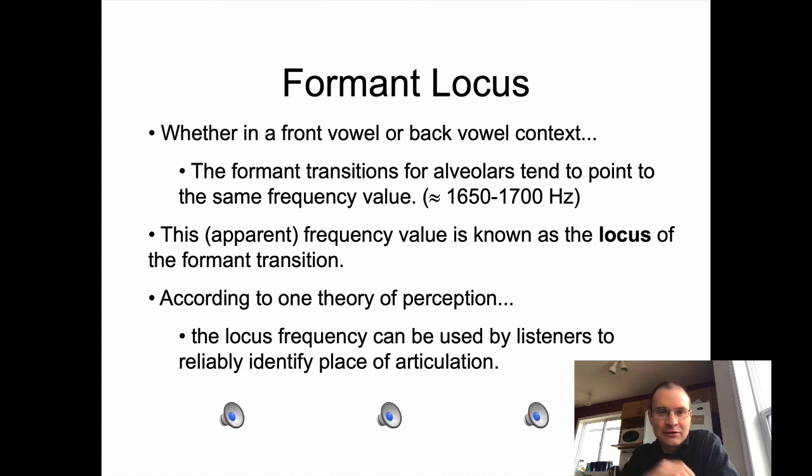But for stops, it was a lot more complicated, because it was more like an absence of cues rather than a presence of cues. And they kind of hit on the idea that these transitions were really important to figuring out what stop place of articulation you were hearing. So you can get the stop place of articulation information out of the signal, it turns out, without actually hearing the stop. So I've created some sample stimuli here.